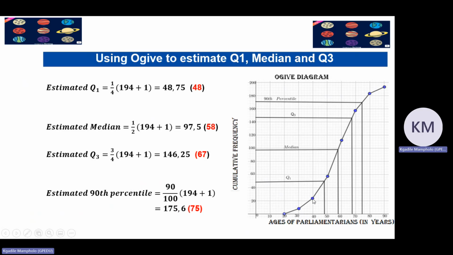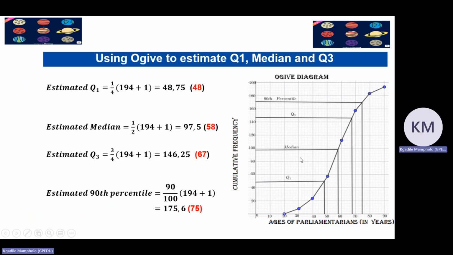Then you draw a line here at 40, then you draw a horizontal line. Then you find something like 24. You can say 24 parliamentarians are of 40 years of age. But remember, this is the estimate, not the actual number of parliamentarians who are 40 years of age. You may find that none of them is 40.